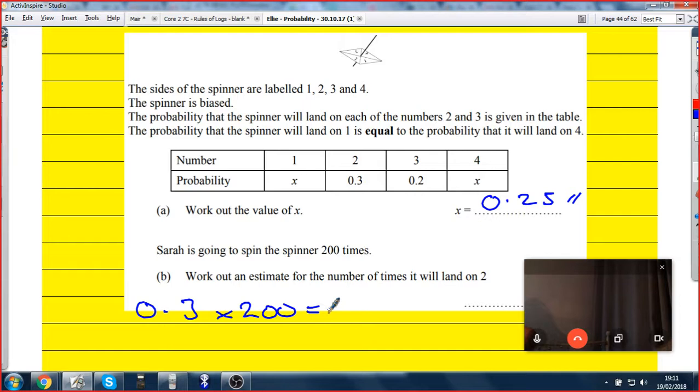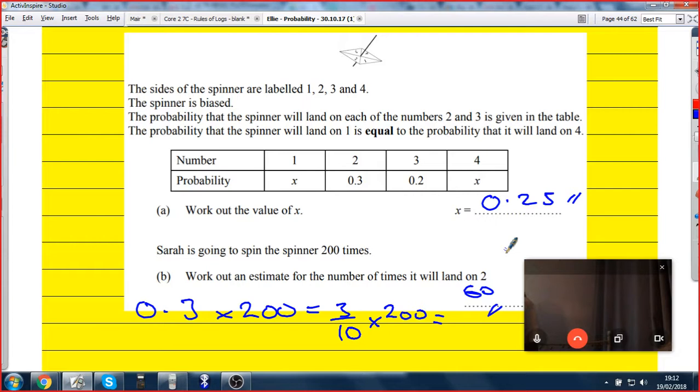Mm-hmm. And then do 3 times 20. Okay. 90. 3 times 20? Oh, 60. That's it, 60. Okay. Any questions there? No. Okay, you got it.